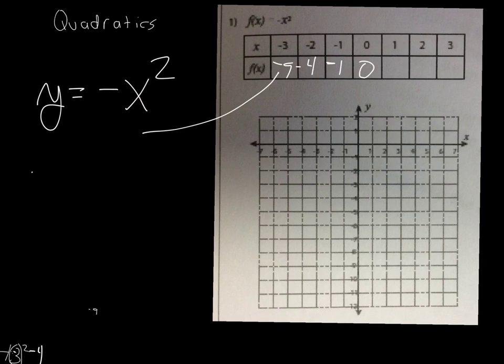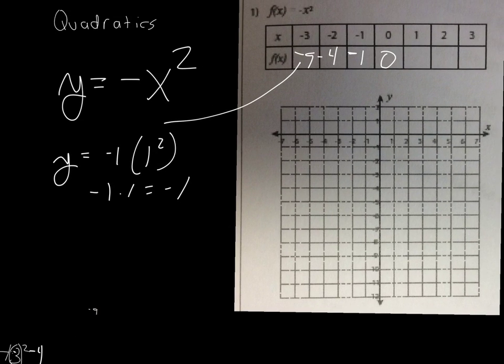The next one over is 1. So it's y equals negative 1 times 1 squared. 1 squared is 1, times negative 1. Negative 1 times 1 is negative 1. Then I put in the 2 squared, I get negative 4. I put in the 3 squared is 9, times negative 1 is negative 9.